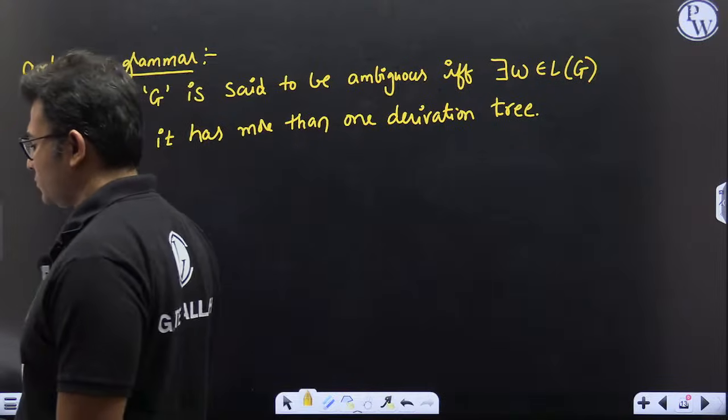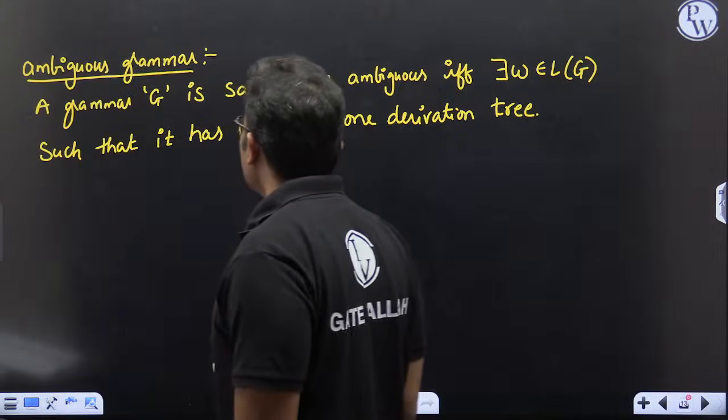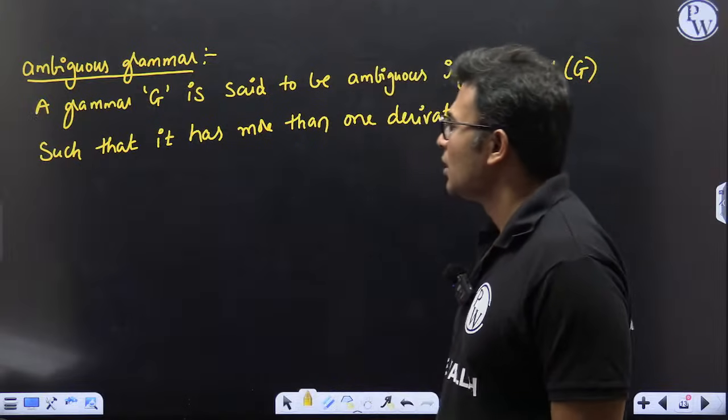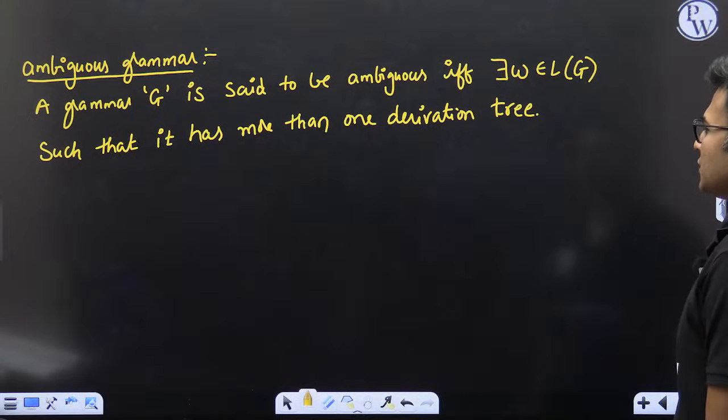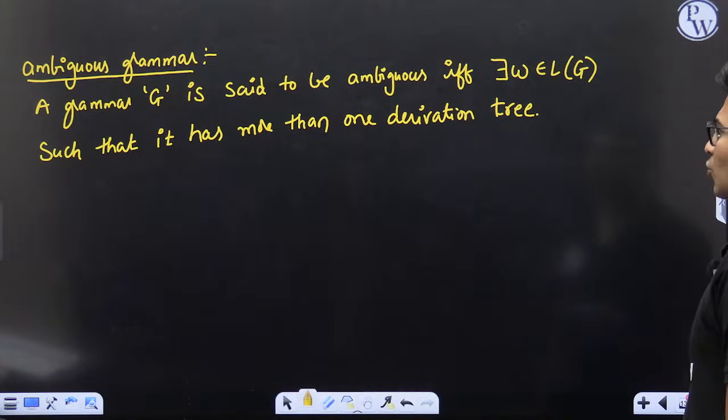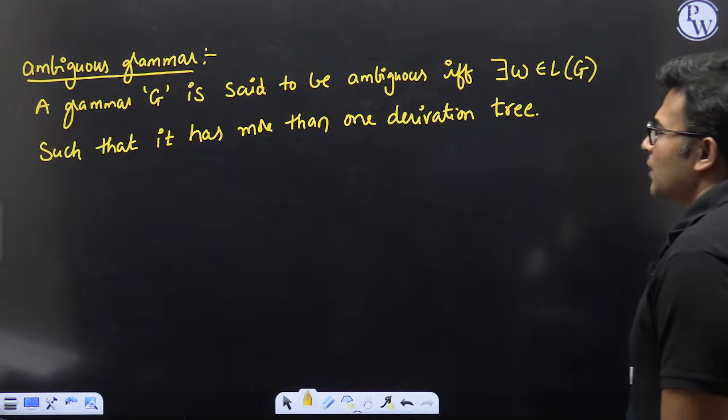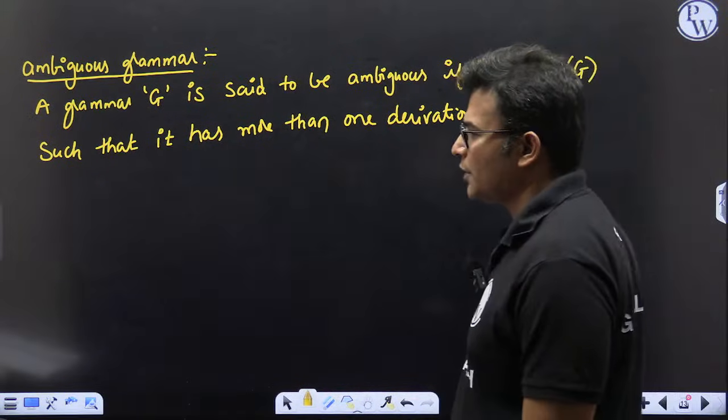So if there exists a string W in a language that has more than one derivation tree, then we can say that the grammar is ambiguous.